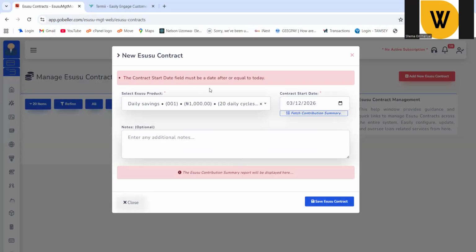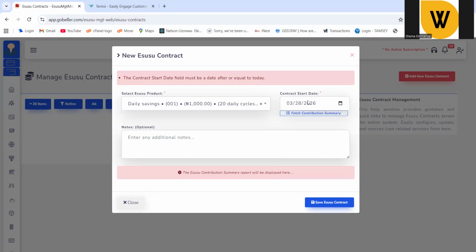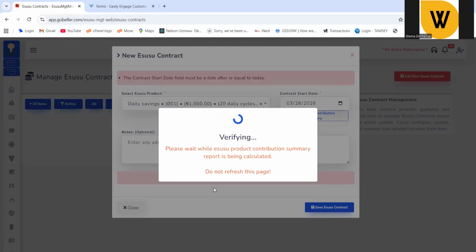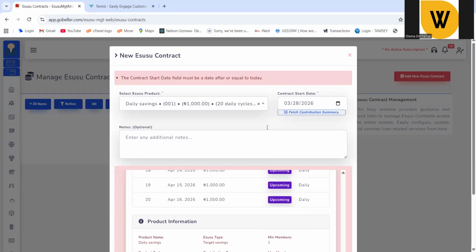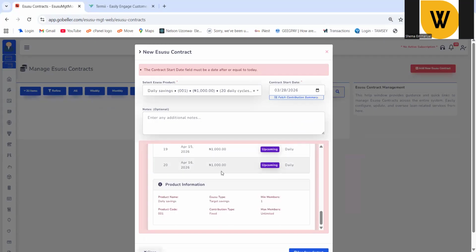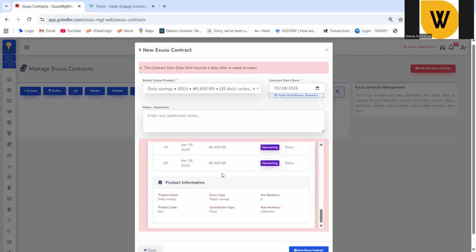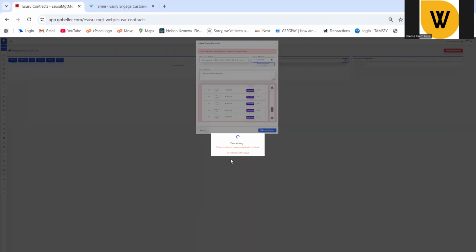The start date must be greater than or equal to today. Okay. Oh, I don't know why I was clicking on less than today, right? But of course, I'm going to be fixing that in place. Okay. So that simply means everybody on this particular product must save for 20 days and they must save 1,000 naira each. Yeah. So I'll just go ahead and click on save.